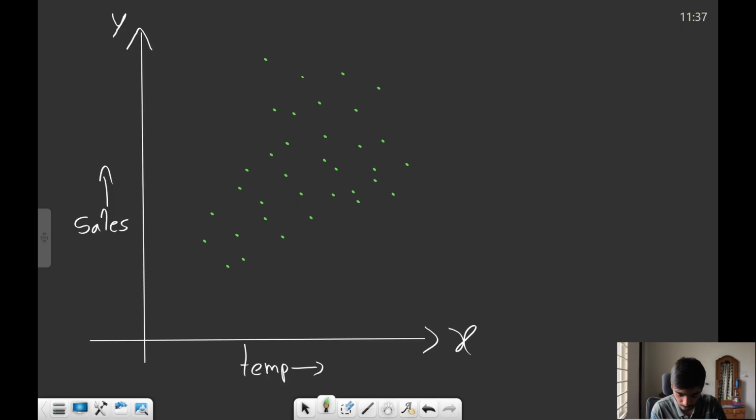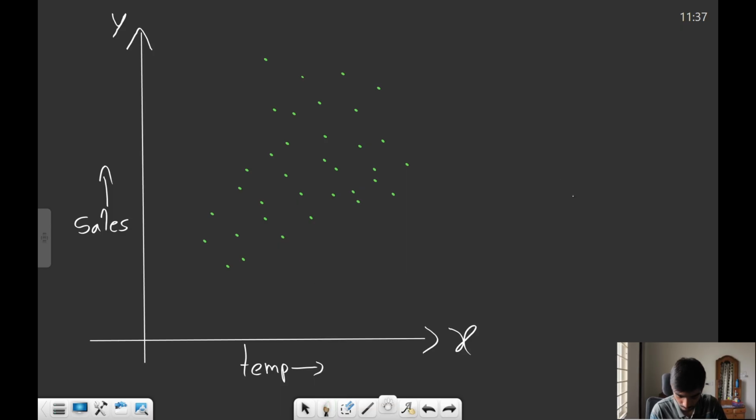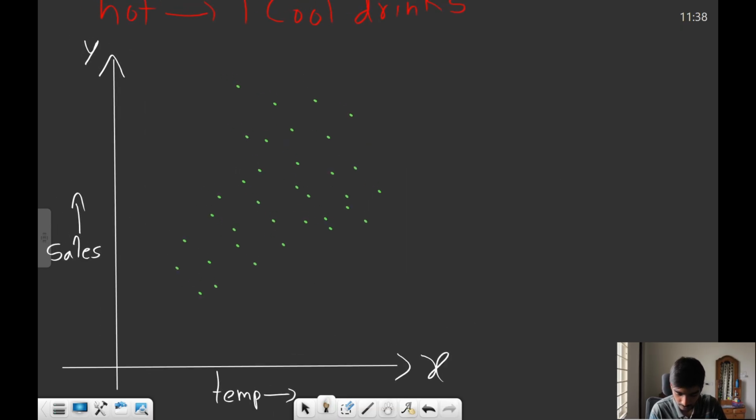Now let's slightly modify the line equation. While dealing with linear regression, let's write the equation as y equal to wx plus b, where I'll tell you what each one represents.